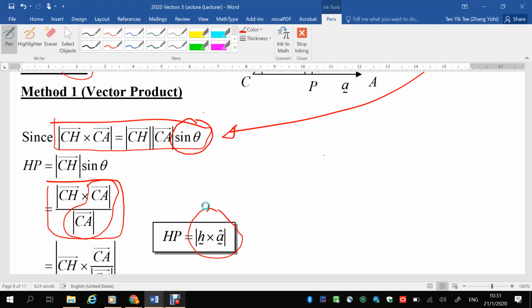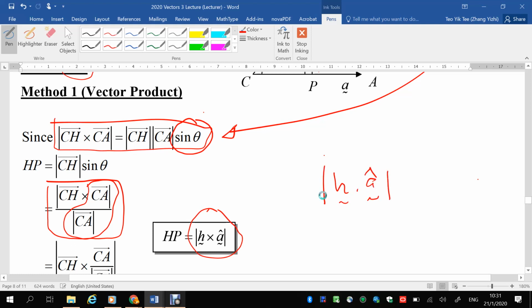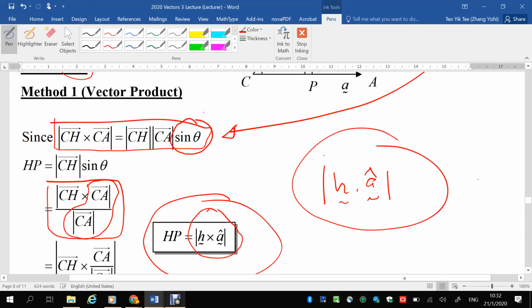Can you look at page, I think it's page 9. You have this formula, H dot A hat, in the box down there, and down here you have H cross A hat. What is this thing? Chapter 2. This is your length of projection.